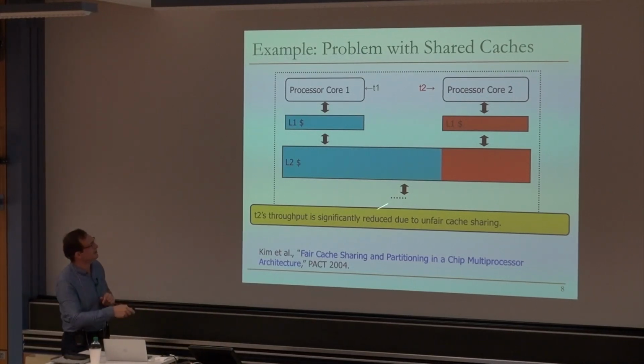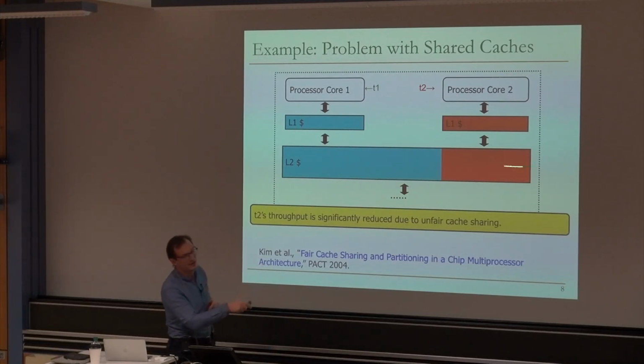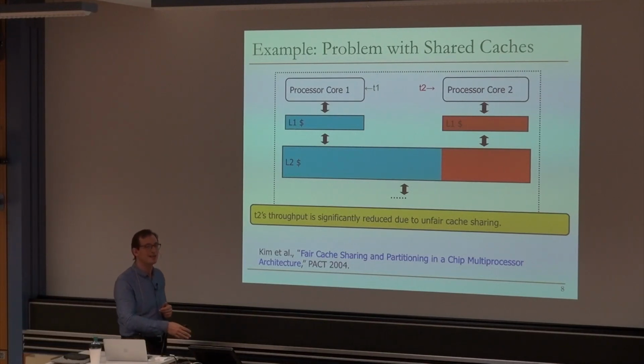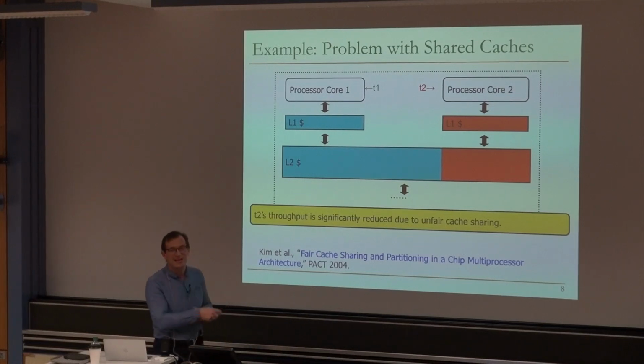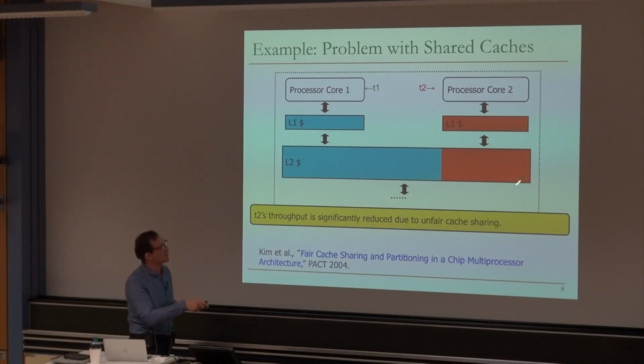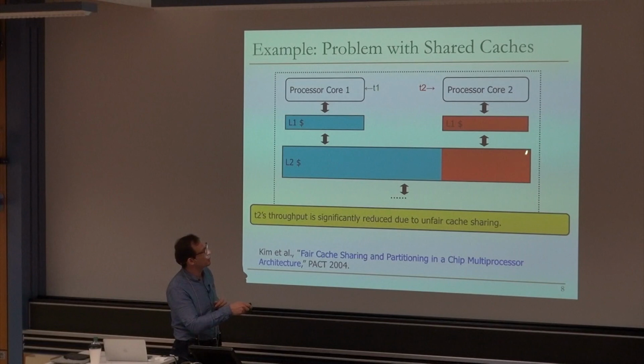As a result, the throughput of this particular thread may be reduced because of this unfair cache sharing. So for example, this thread may be a streaming thread. It's streaming through memory. It doesn't have a lot of good reuse in the cache, but it keeps allocating cache blocks. And this thread may be a thread with a small working set, but this small working set doesn't remain in the cache because this thread keeps kicking it out.